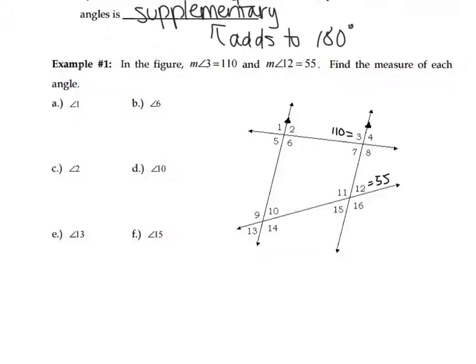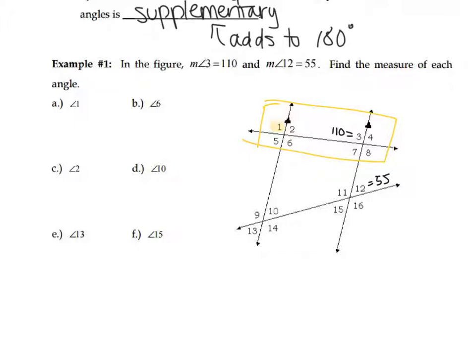All right, so let's go ahead and look at angle 1. Which of our angle relationships will help us find the measure of that angle? Well, we're going to want to use these 8 angles to help us find the measure of angle 1, since that's the transversal that intersects the parallel lines.